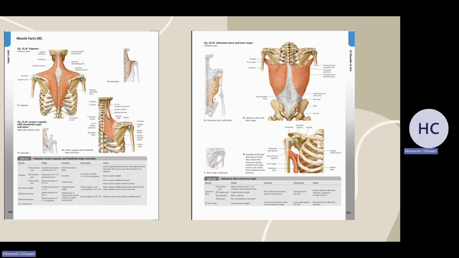The latissimus dorsi is also divided into four different parts. It's not completely necessary to divide them; you just need to remember origin and insertion. For serratus anterior and latissimus dorsi it's not very necessary to remember, but if you can, it's good.